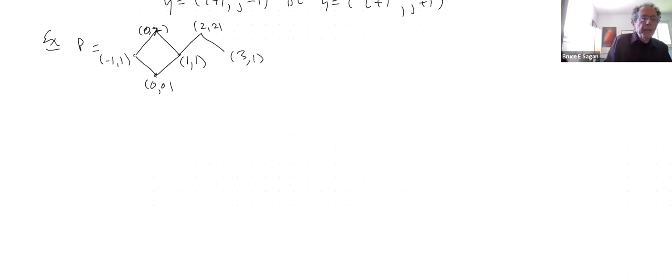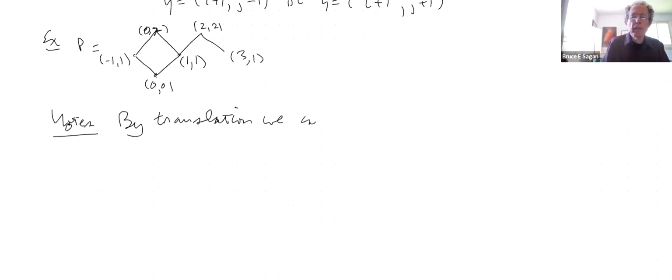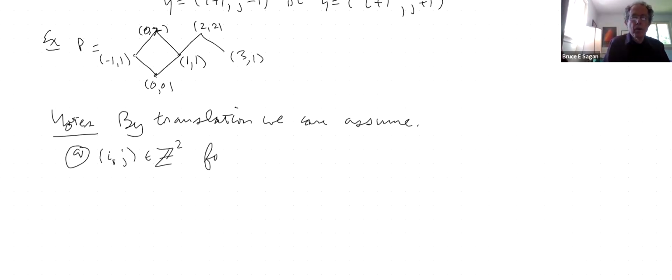So some notes about these posets, because we're going to want to write them in the plane in a certain type of way. By translation, we can assume the following. First of all, all of the coordinates that we use are integers.